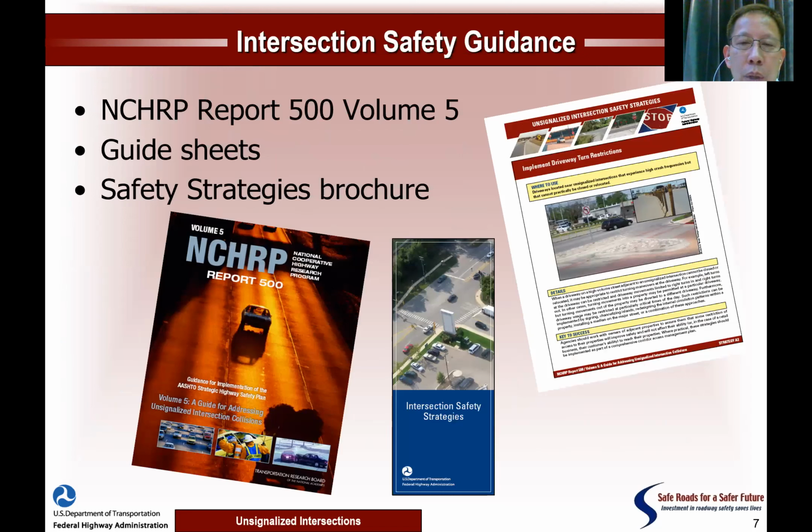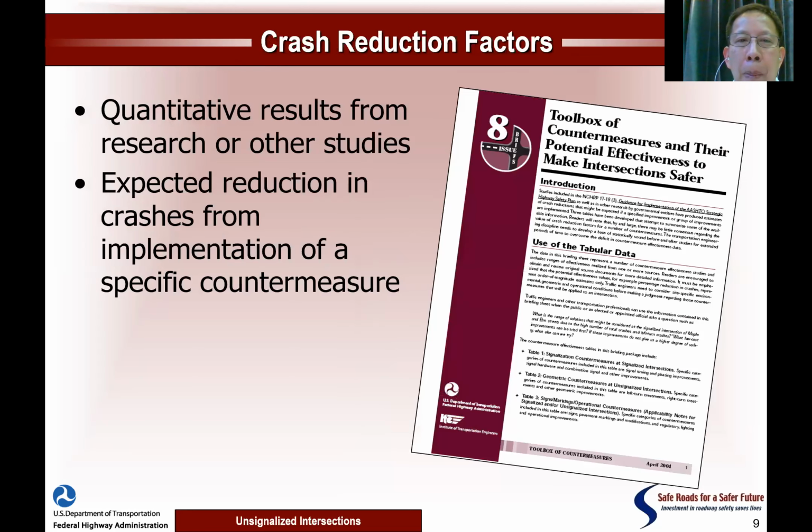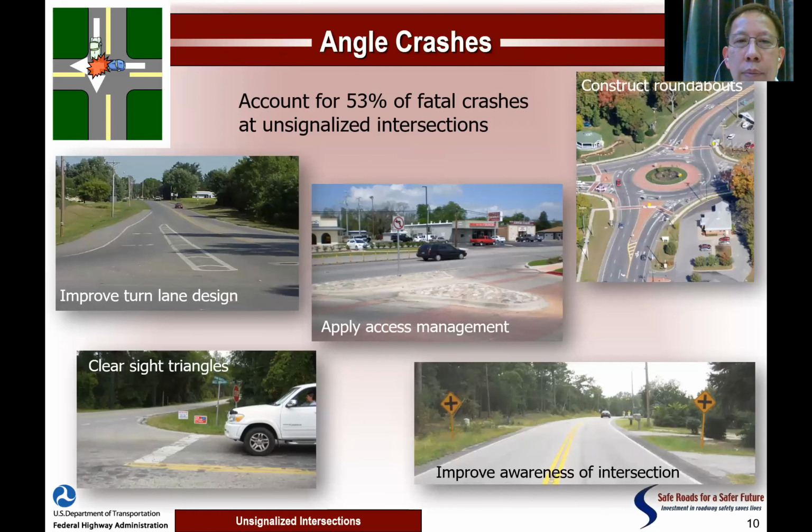If you want to see some countermeasures, the NCHRP Report 500, Volume 5, stated how to make these unsignalized intersections safer. Types of crashes, as you see here, are right angle, rear end, left turn, side swipe, pedestrian, and bicycle. Similar setup.